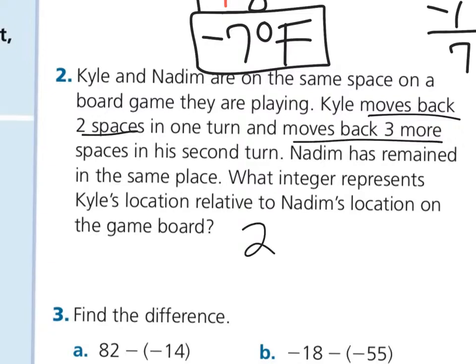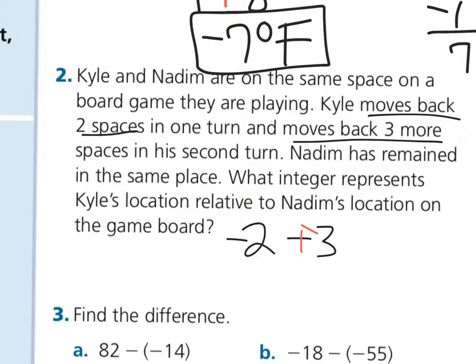This you could write either as addition or subtraction. Moving back 2 would be like a negative 2, and then moving back 3 more, you could say negative 2 then minus 3, or you could look at it as 2 separate things, negative 2 plus a negative 3. And if we do it as a subtraction problem, we do our sign changes, add the opposite here.